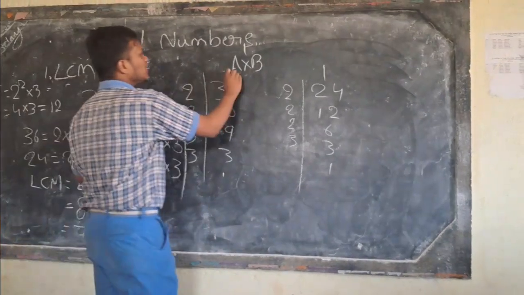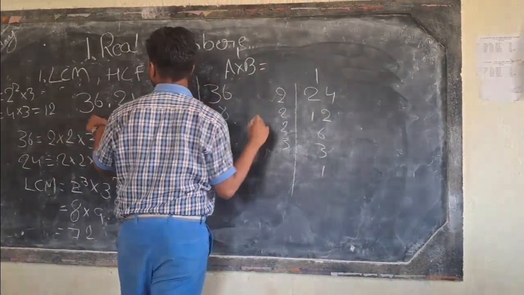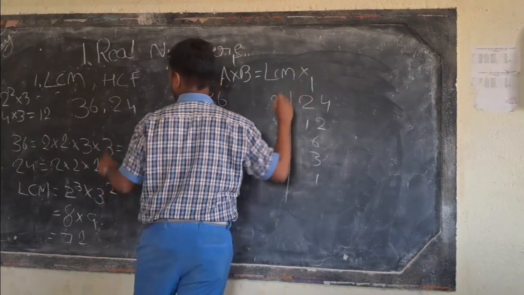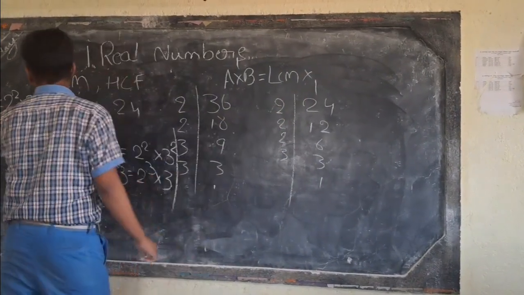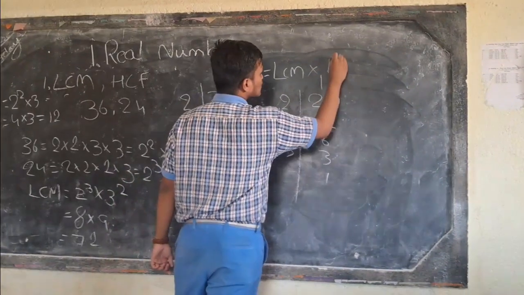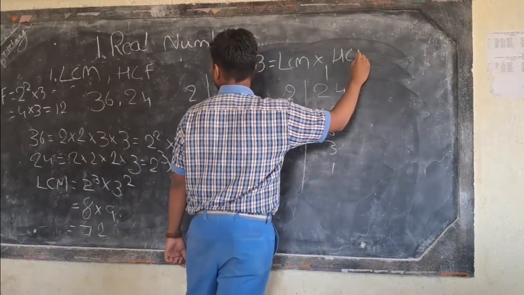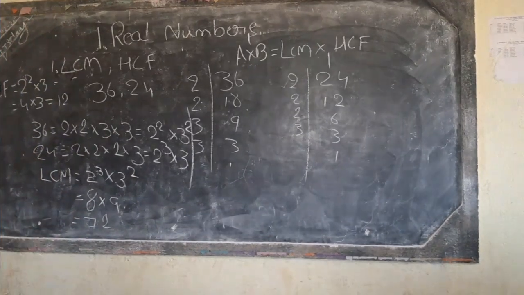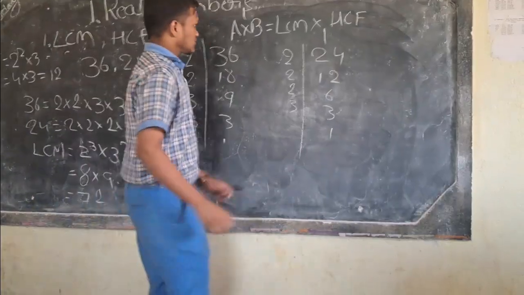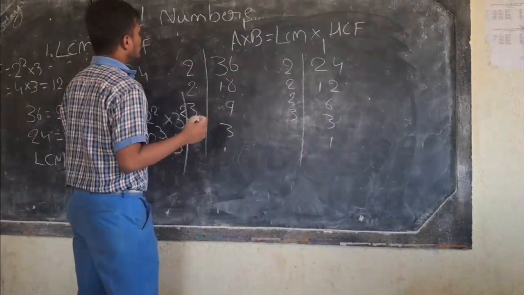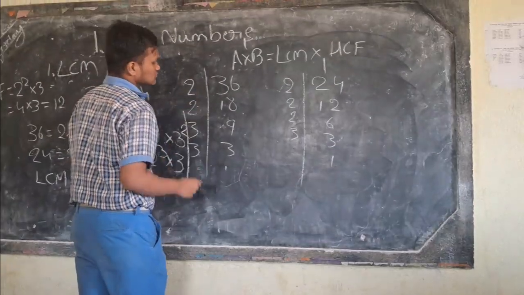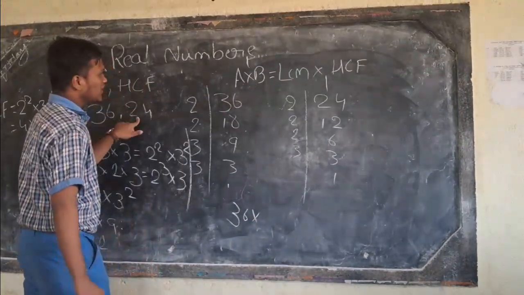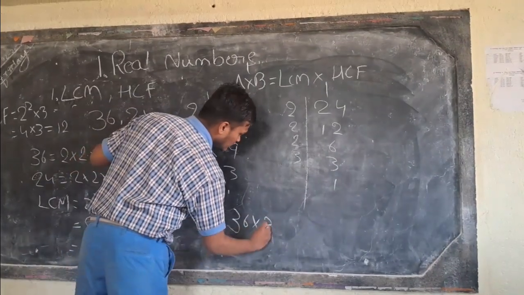So A into B is equal to LCM of A and B into HCF of A and B. Correct? What is the value of A? 36. Value of B? 24.